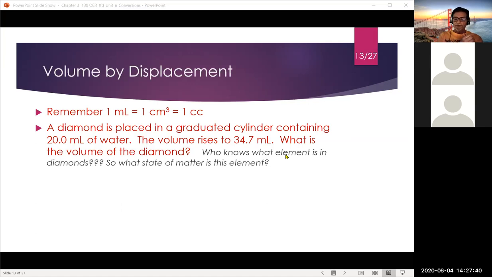It contained 20 milliliters of water, and as you dumped in the diamond inside the ring, the volume went up to 34.7. Now, the diamond did not displace 34.7 milliliters. What it displaced is the difference of where it started at 20 and where it ended. And so the volume of the diamond here is only 14.7 milliliters.